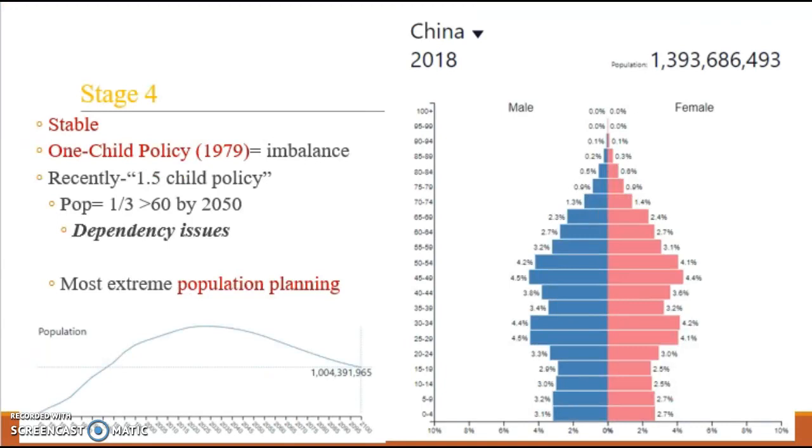China is another example, and this is a stage 4, and you can see here that we're moving away from that pyramid shape, where now our biggest cohorts are actually in their 20s and 30s, and also 40s and early 50s. And China is a bit of a unique case, and this is because of what was known as the one-child policy. China had a broad base like Mali.